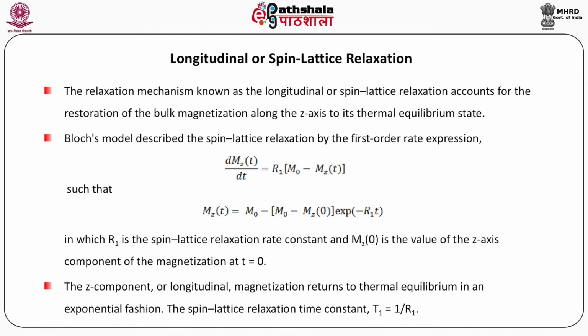Bloch's model described the spin-lattice relaxation by the first order rate expression dMz/dt equals R1 (M0 minus Mz(t)), such that Mz(t) equals M0 minus (M0 minus Mz(0)) exp(minus R1 t), in which R1 is the spin-lattice relaxation rate constant and Mz(0) is the value of the z-axis component of the magnetization at t equals 0. The z component or longitudinal magnetization returns to thermal equilibrium in an exponential fashion. The spin-lattice relaxation time constant T1 is equal to 1 by R1.